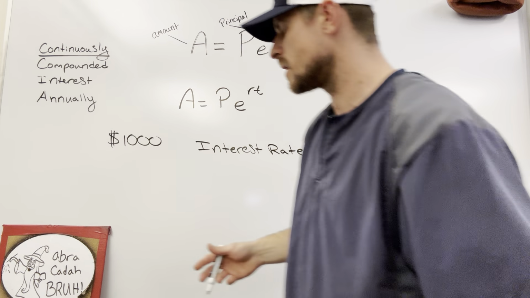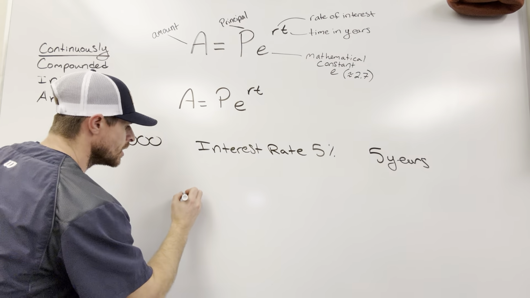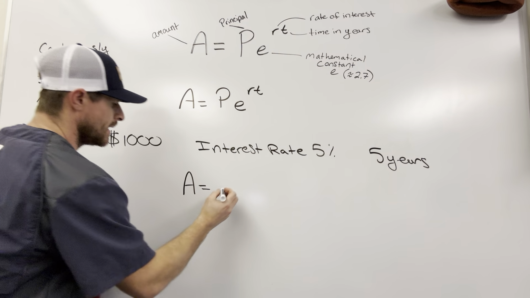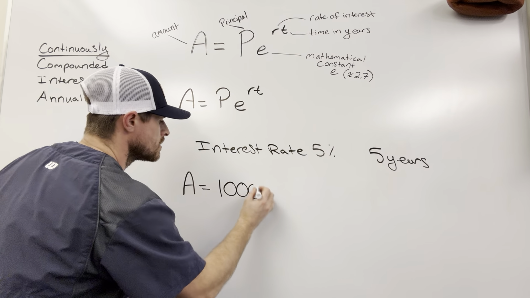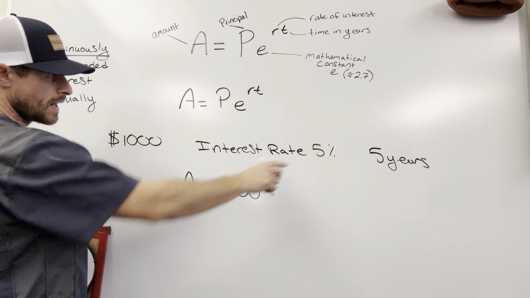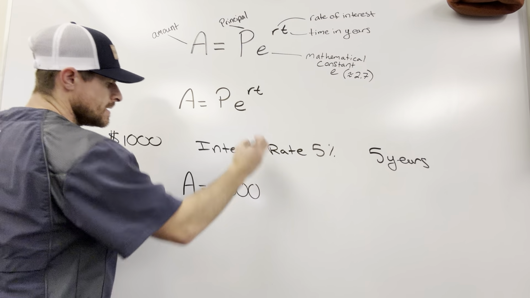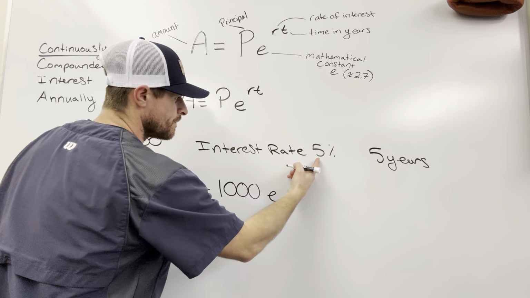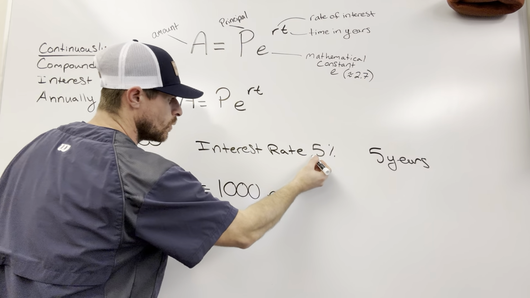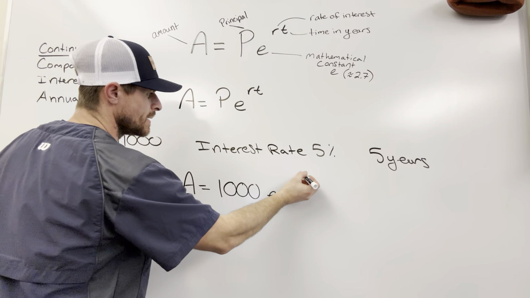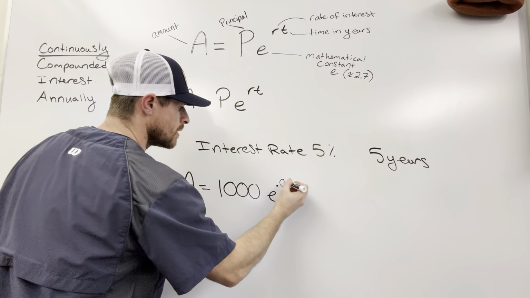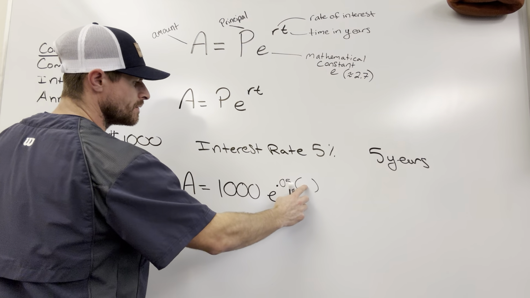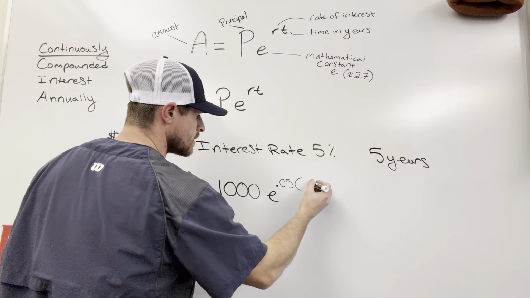So let's just plug in our information. A is unknown at this point. P is our principal. That's how much we put in at the beginning. So we put $1,000 in, hoping to see it grow over 5 years. E is the constant. R is our rate, 5%. If I move the decimal 1, 2 place values back, that'd be 0.05, and that needs to be multiplied by the number of years we're talking about, which is 5 years.